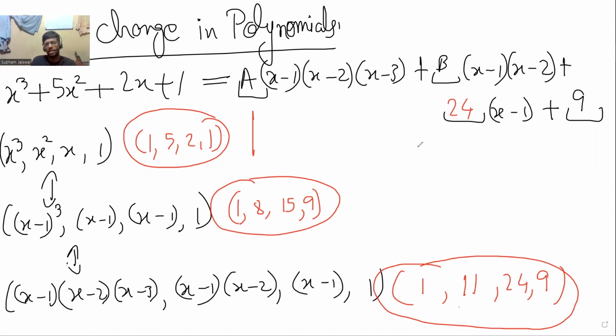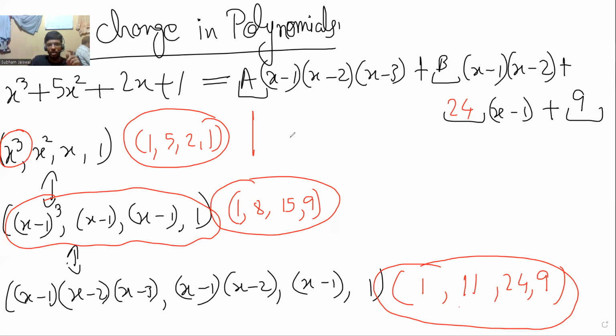I wanted to say a few things. I wanted to connect this with matrices. Somehow, like how would writing x cube using these, and x square using these, and x using these, and 1 using these change things? How does writing these basic polynomials in terms of these new coefficients change?